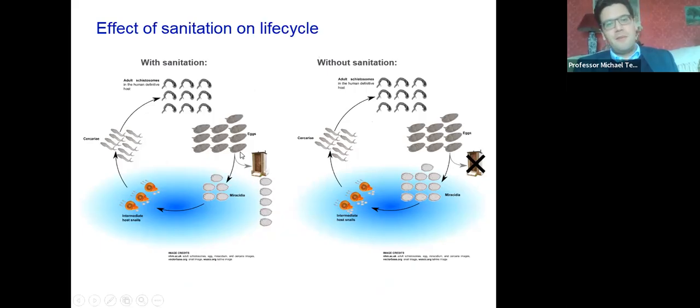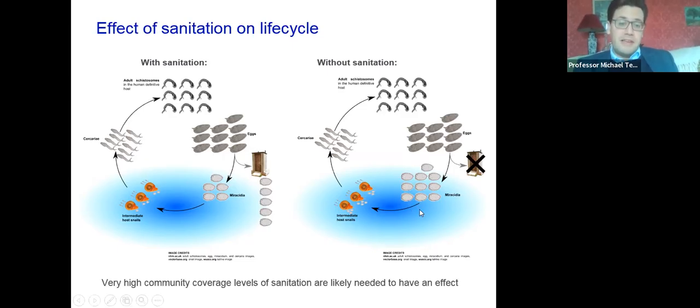But if some of them, even a small number of them, still go into the water, maybe because not 100% of people have access to toilets, or there are occasional lapses in use of the toilet, then really you're still going to have quite a large number of cercariae being produced and the infection cycle continuing. Compared to the situation on the right here, you don't really see that much of a difference.